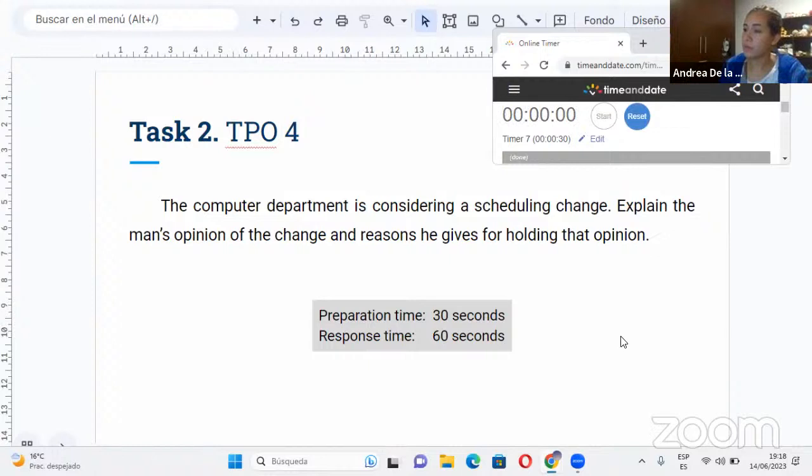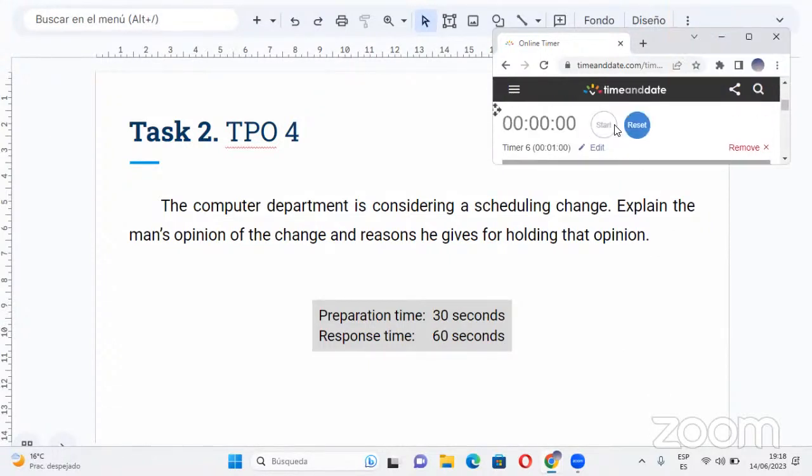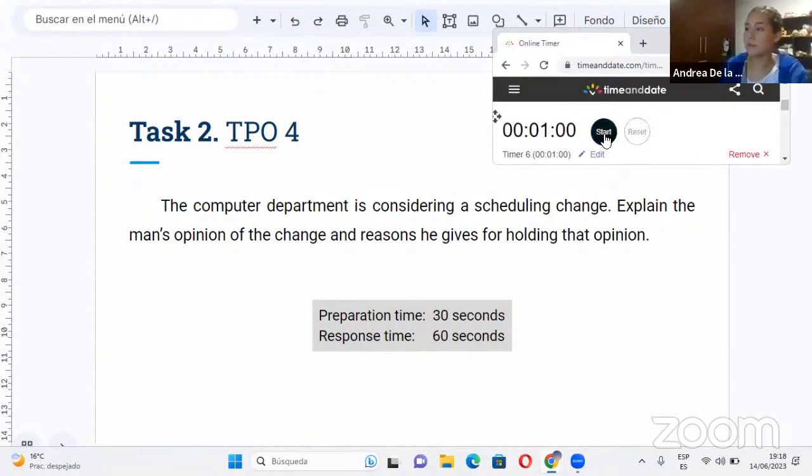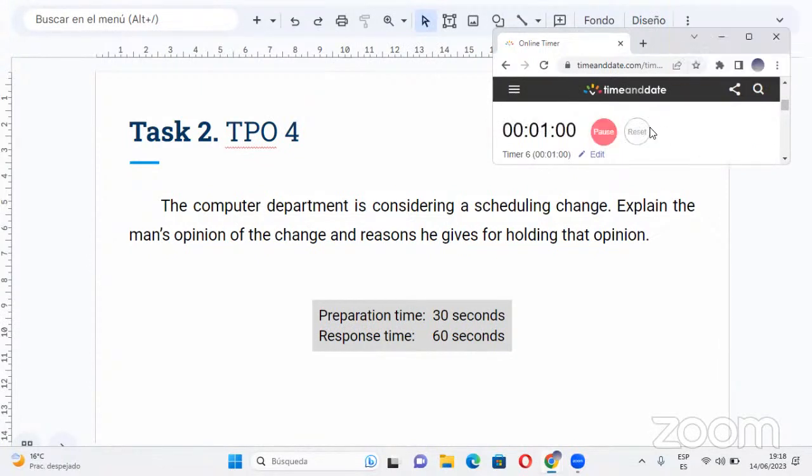Okay. So, Nicolas, do you want to go now? Sure. Okay, perfect. Go ahead, please. Okay. The man said that he doesn't agree with the computer department changing the schedule because it will not solve the problem.